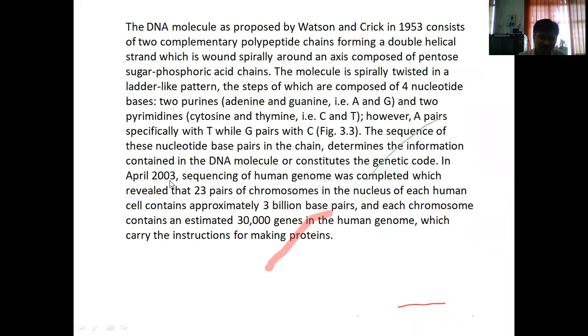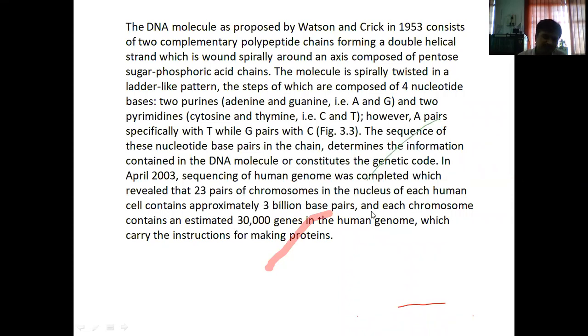In April 2003, sequencing of the human genome was completed, which revealed that the 23 pairs of chromosomes in the nucleus of each human cell contain approximately 3 billion base pairs.